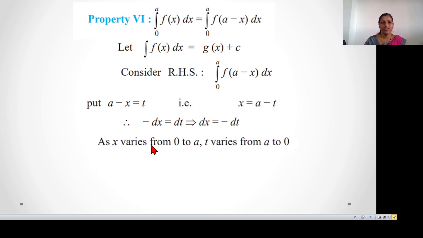Then the limits of integration also change. As x varies from 0 to a, t varies from a to 0. So our I becomes the integral from a to 0 of f of t times minus dt. So we keep the minus sign outside, so the term remains as it is.